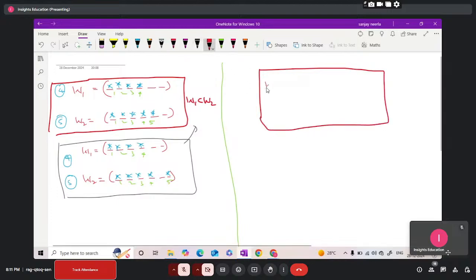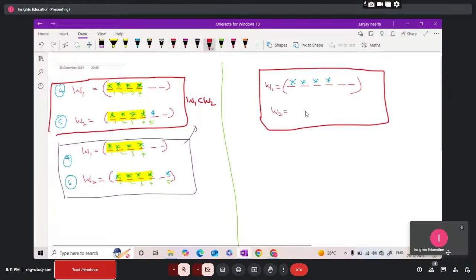W1 is equal to 1 2 3 4 5 6. ఇక్కడ ఏంటంటే 1 2 3ని కామన్ తీసుకొని మాడిఫై చేశాను ఇంతకుముందు. నౌ హియర్ ఐఎమ్ టేకింగ్ ద డిఫరెంట్ సిచ్యువేషన్.